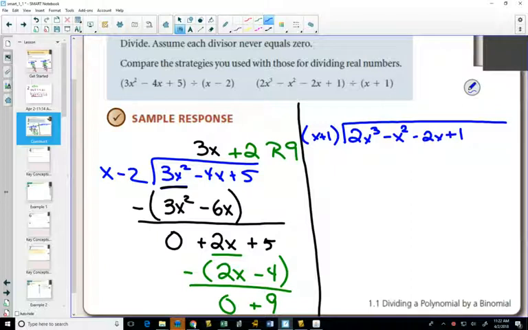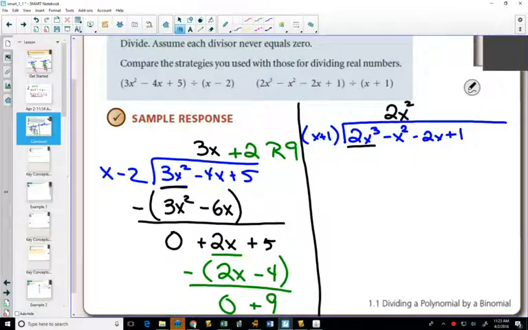And just like before, we go from left to right, and our biggest value is a 2x cubed. And we ask ourselves, is there something I could multiply x plus 1 by to get a 2x cubed? What would that be? So to get that 2x cubed, what would I multiply an x plus 1 by? I need to multiply by a 2x squared.